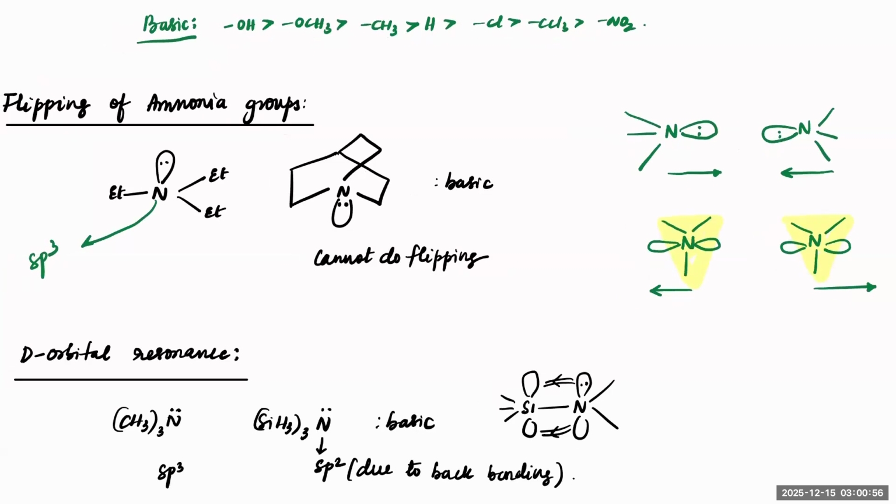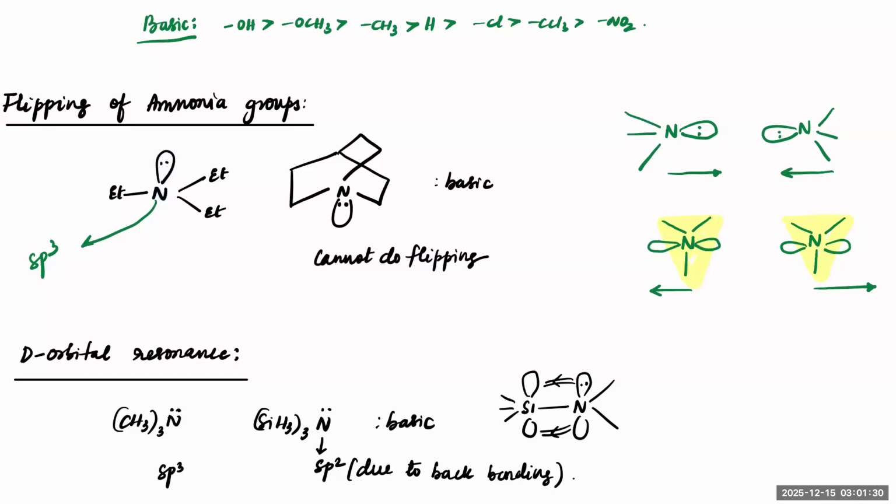Which means the lone pair is not sticking to one hybridized orbital. The lone pair is moving constantly within the p orbital. It is going to the upper lobe or lower lobe like this. So here the lone pair, although it appears like in a hybridized orbital, due to its movement as it gets repelled by the other ammonia groups, will keep moving up and down like this in this lobe.